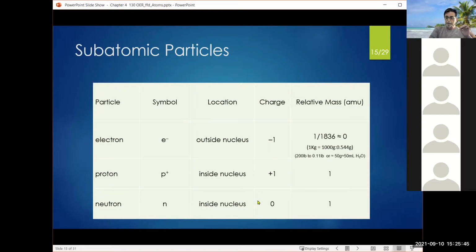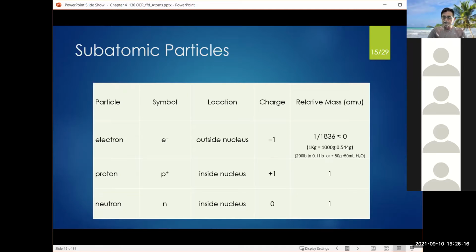Okay, now the important thing is this: the proton defines the element. On the periodic table, there's 118 elements. That number represents the number of protons. Hydrogen is element number 1, has 1 proton. Helium is element number 2, has 2 protons. We can lose or gain neutrons and electrons all day long, and we still have that element.